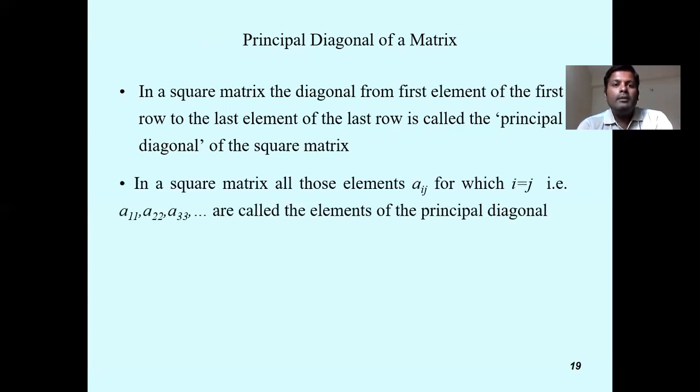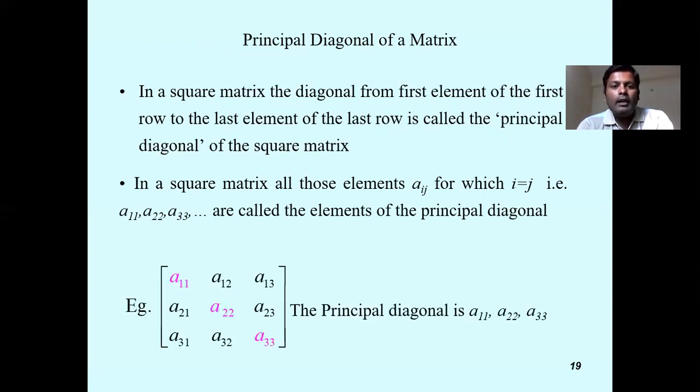In a square matrix, all those elements aij for which i equals j, that is a11, a22, a33, are called the elements of the principal diagonal. You observe the example: a11, a12, a13, a21, a22, a23, a31, a32, a33. The principal diagonal is a11, a22, a33.